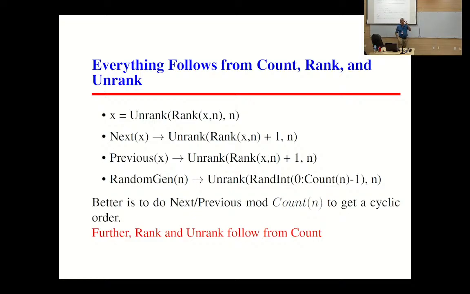But if I know how to rank and unrank, I claim all I have to do, if I know how many objects there are, which is count, is this: my ranking values will go between 0 and count -1. If I pick a random integer uniformly from 0 to n-1, and I unrank this, I get a random object. Does everybody get that idea? Okay, so this is good.